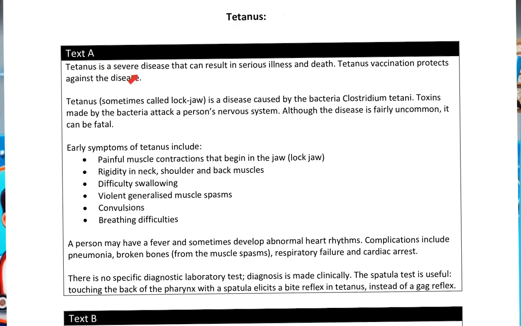We are going to study the text and use the information in the text to answer the questions that follow. Okay, we have 20 questions, but we are going to answer only 6 questions under cross matching. So just like we applied the other time, you need to familiarize yourself with the text so you can locate the answers easily. Let's go to text A.